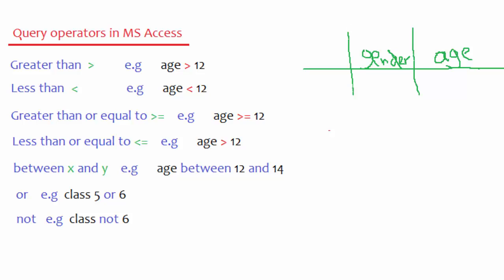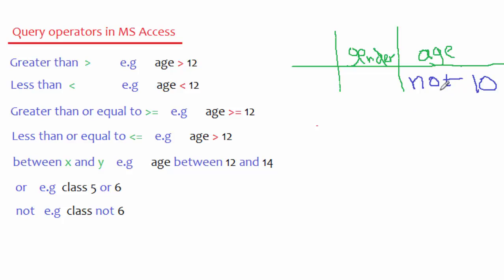For example, if we want all the students except the ones with the age of 10, I will come here and write age not 10. So it will give me all students with different ages except 10.